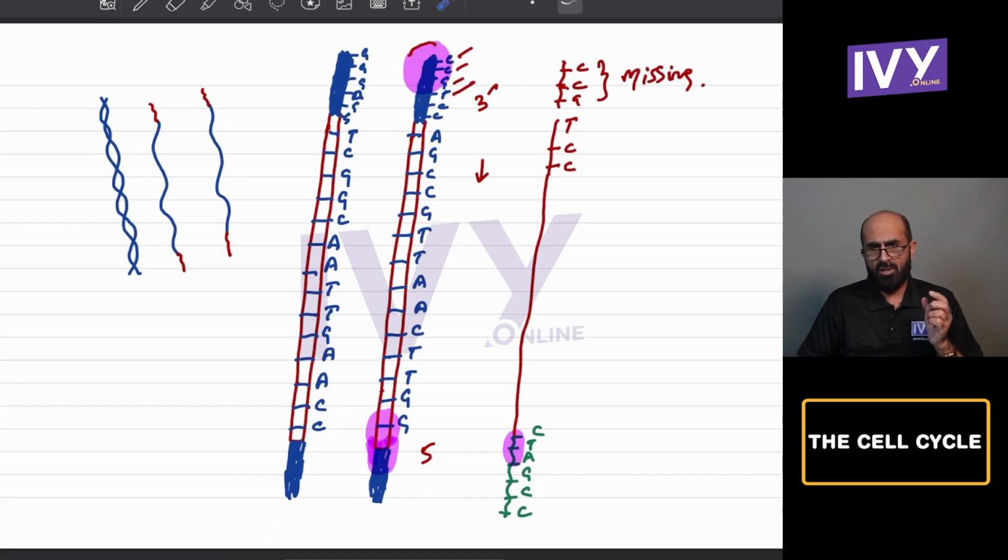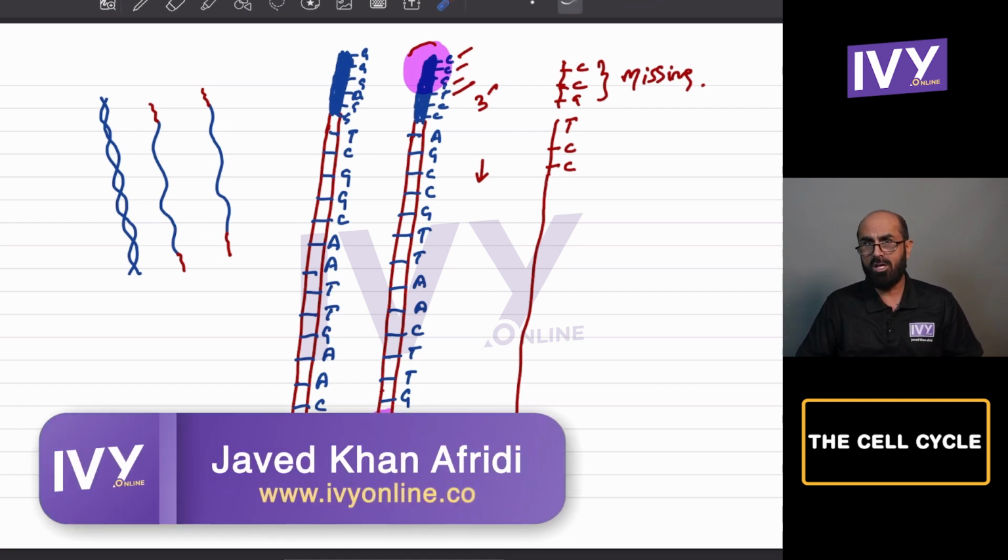That's the reason why, if suppose the telomere was a functional part of the DNA, I mean if it were coding for a gene, then it would be a big loss. So a gene would be lost.